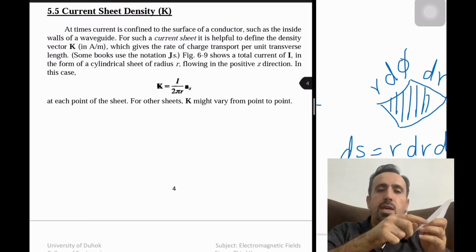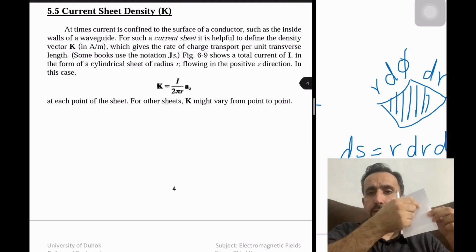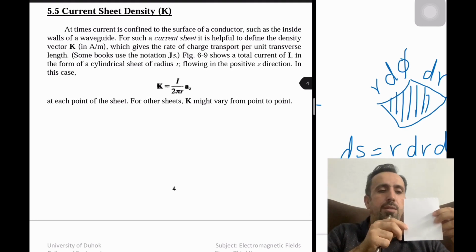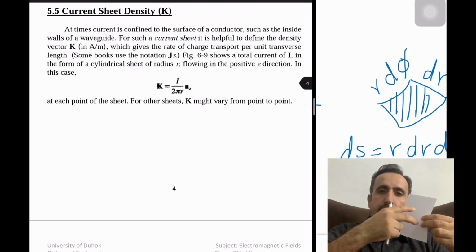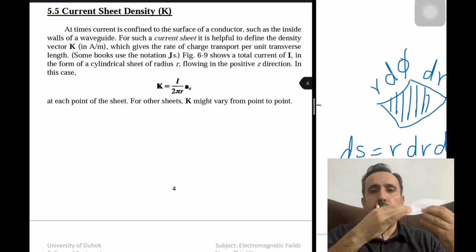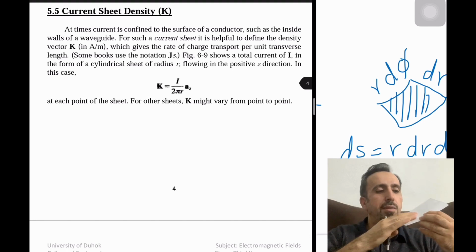Now, thinking about a certain current being distributed all over here, instead of being distributed on a certain cross-section area, if you have a current flowing through a sheet like that, you will not have cross-section area.